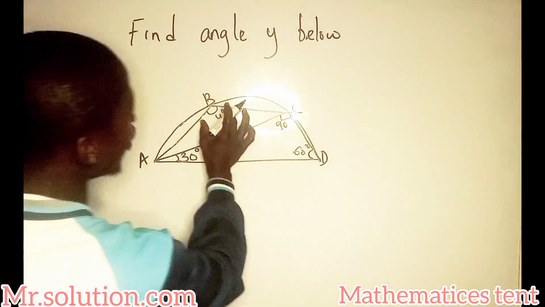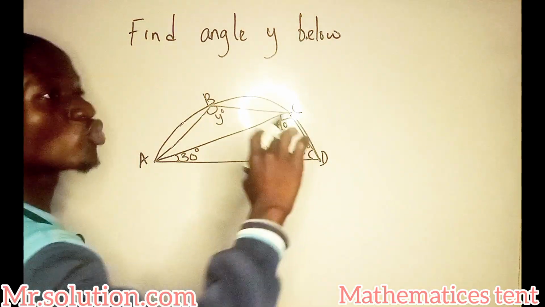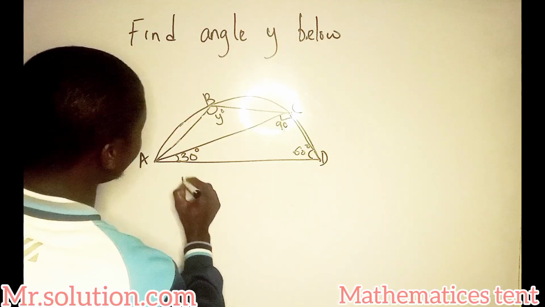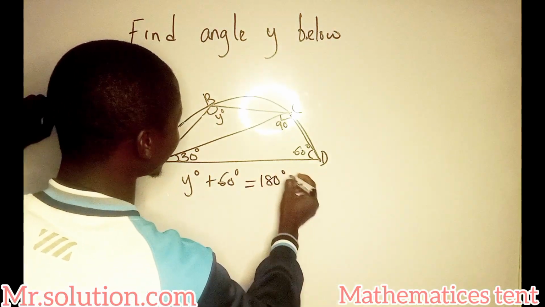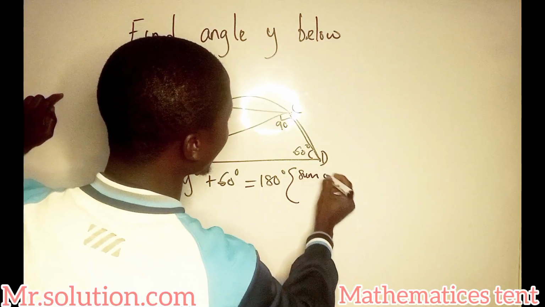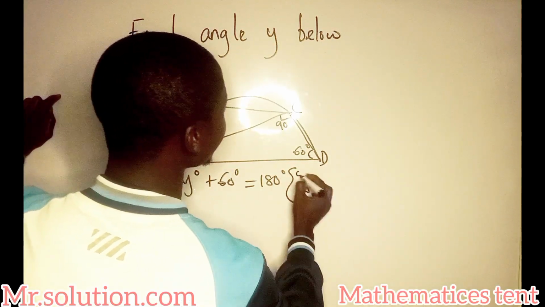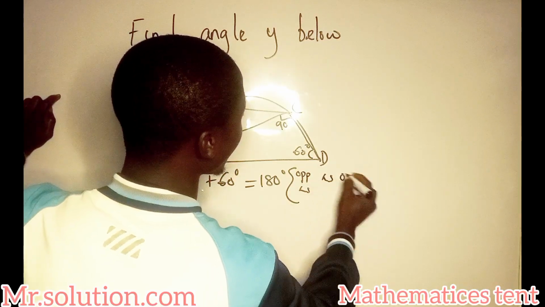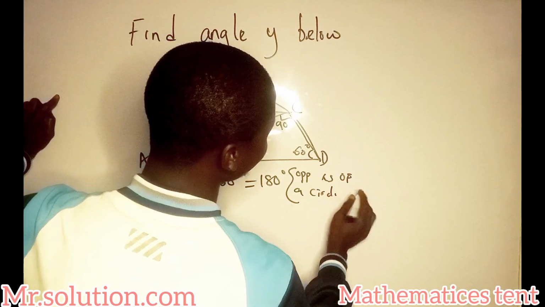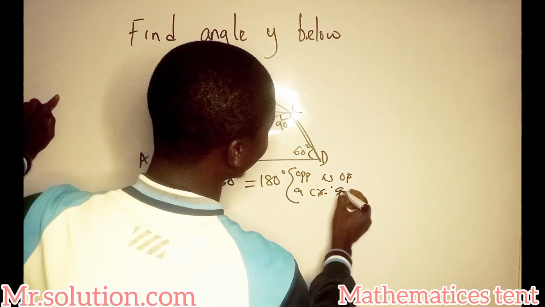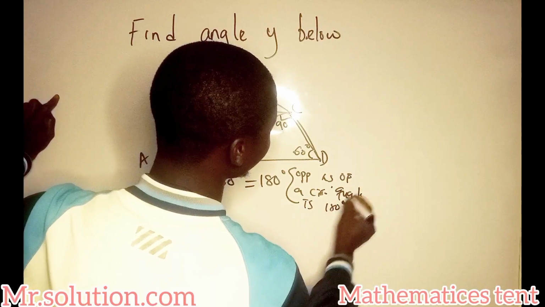Now, which means these two angles that are opposite each other, facing each other, give us 180 when we sum them up. Opposite angles of a cyclic quadrilateral sum to 180 degrees.